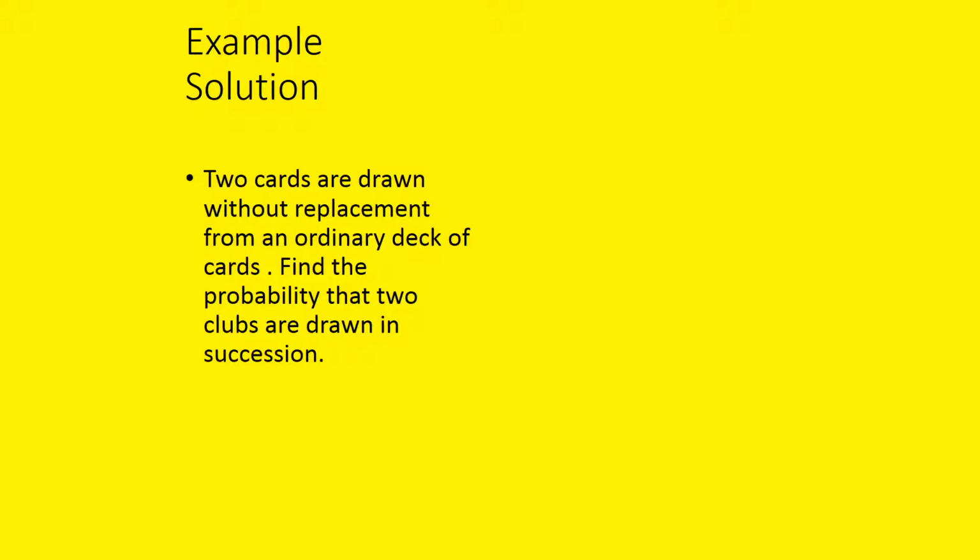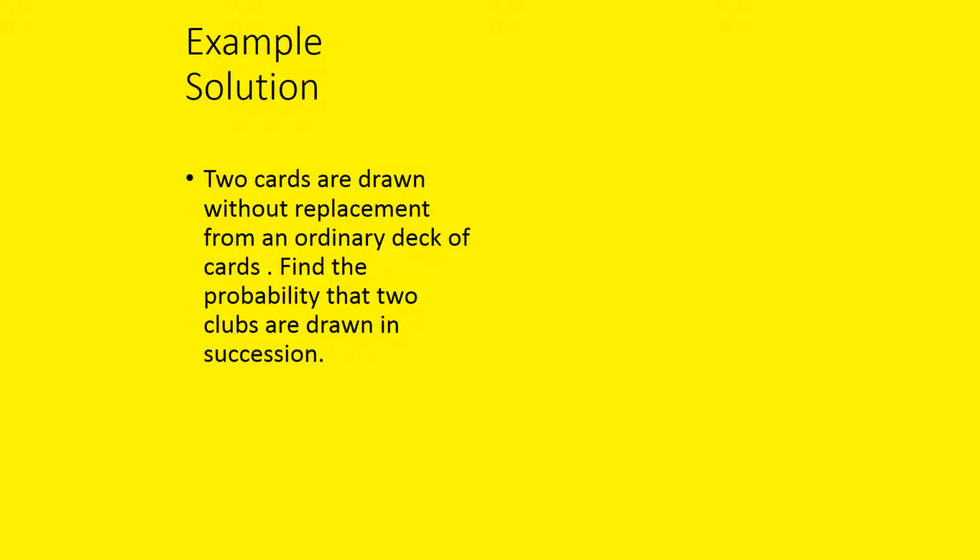Example. Two cards are drawn without replacement from an ordinary deck of cards. Find the probability that two clubs are drawn in succession. Now you look at that and you don't see an and, but there's really an and there.